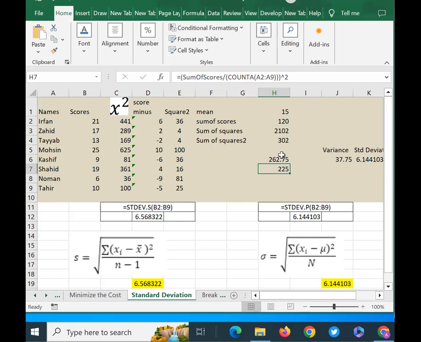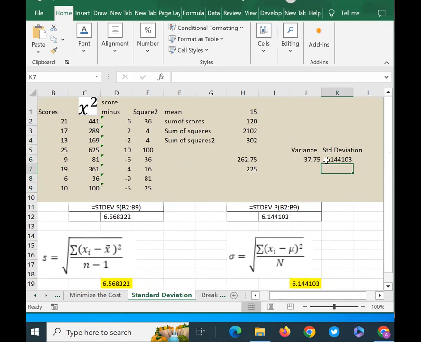Okay, the scores, and these are squares, and these two are summed up first of all, right? When they are summed up, their difference is this, right? H5 and H6 and H7. The difference is here, and then this difference is put in the square root as the formula, right? The root of this.